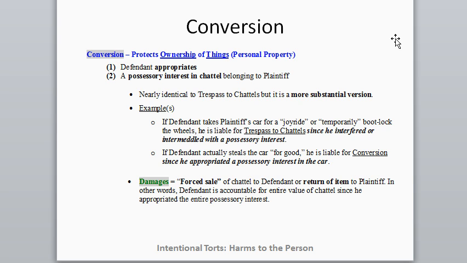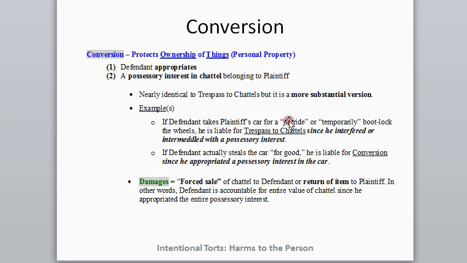This protects ownership of things, again, personal property. Defendant appropriates a possessory interest in chattel belonging to plaintiff. It is nearly identical to trespass to chattels, but it is the more substantial version.